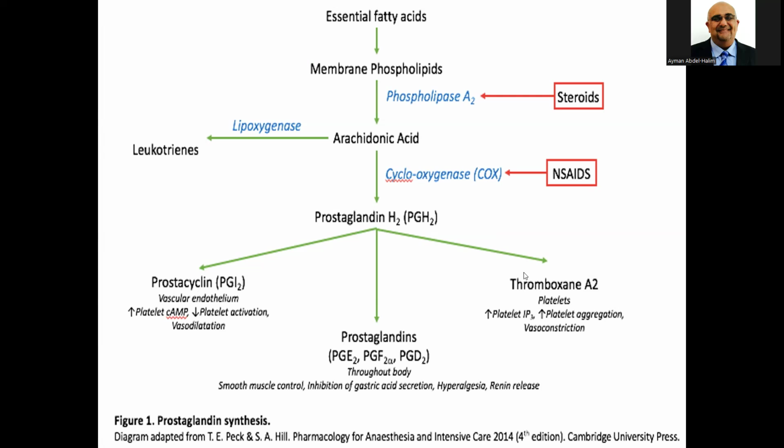The thromboxane basically is the one responsible for platelet aggregation and vasoconstriction, while the prostacyclin is the one responsible for reduced platelet activation and vasodilatation, while the prostaglandins E, F2 alpha, and D work on the smooth muscle control, inhibition of the gastric secretion, hyperalgesia, and renin release.